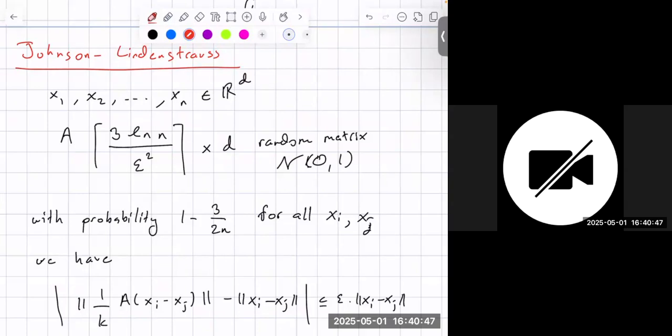Then what you could do is create a random matrix, every entry Gaussian with unit variance. This is where your vectors were living, the high number of features they had. And here you need to pick something about the logarithm of the number of data points divided by epsilon squared. Epsilon is your tolerance for error, how much error you could tolerate. And then the guarantee is that with very high probability, the pairwise distances after the projection will differ from the original by at most epsilon times that distance.